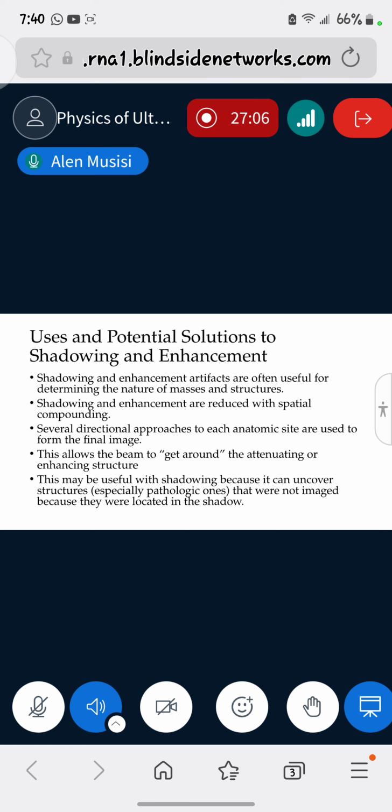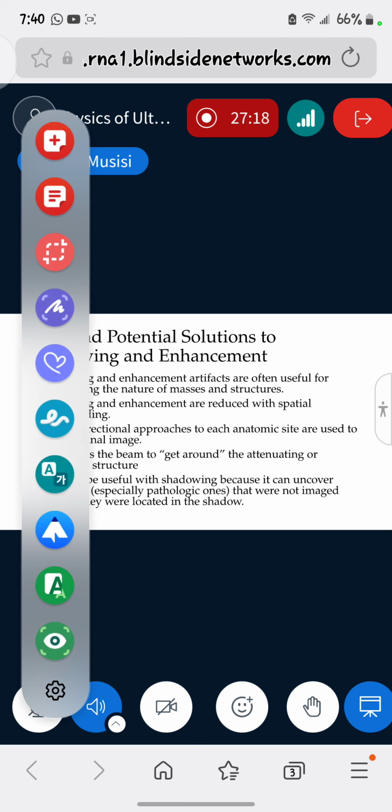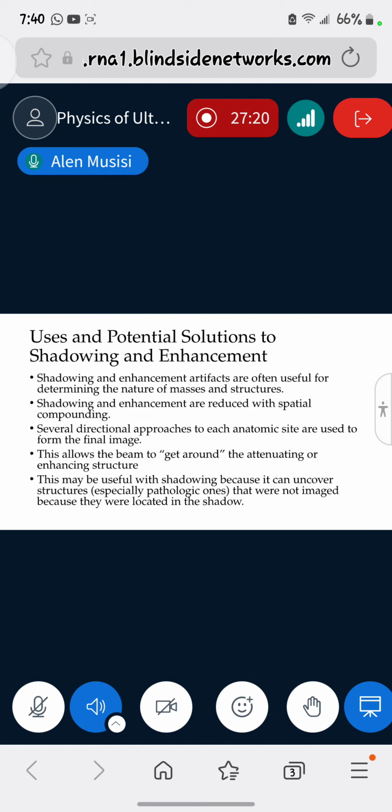The transducer can send beams in different directions to make the beam go around the structure. So this allows the beam to get around the attenuating or enhancing structure. This may be useful with shadowing because it can uncover structures, especially pathologic ones, that were not imaged because they were located in the shadow before.